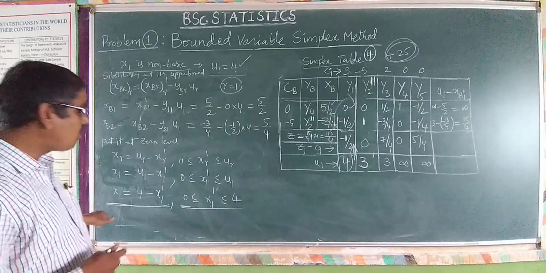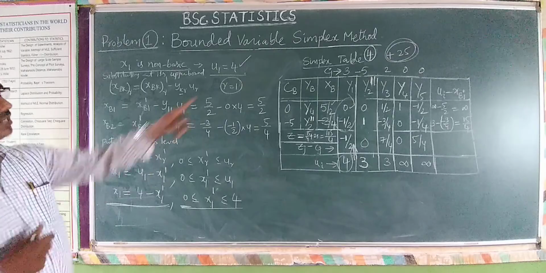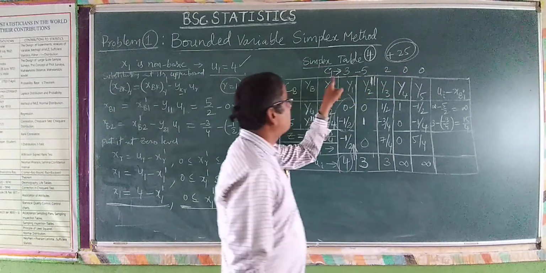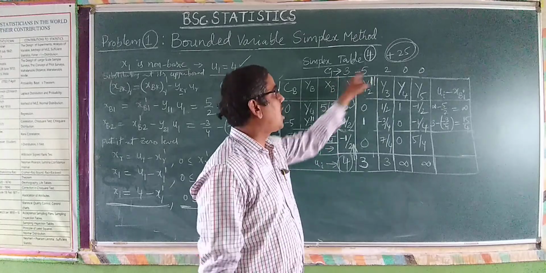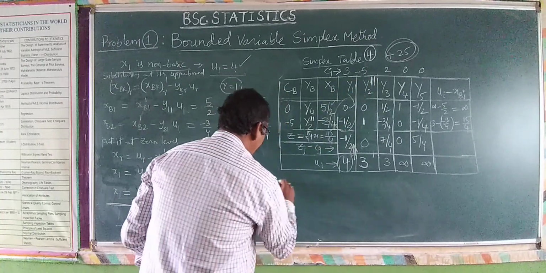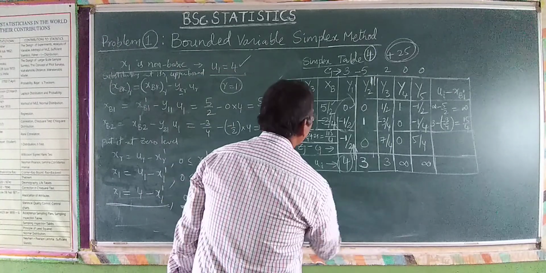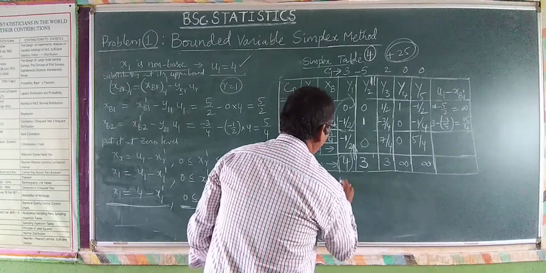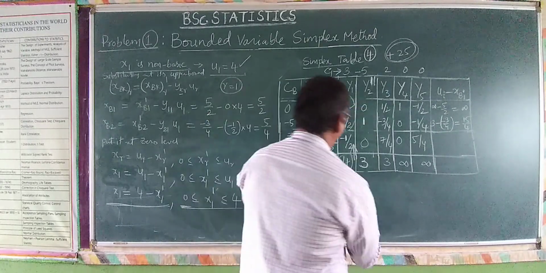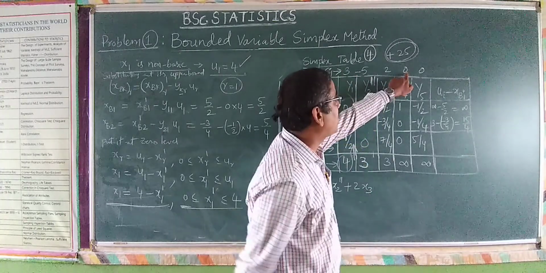Now I calculate the objective function. What is the objective function? That is plus 25 I have written here. The remaining can be observed from these costs. So I am writing the objective function: maximize z is equal to 3x1 minus 5 x2 double dash. Remember, it is y2 double dash, therefore x2 double dash. You can refer to the objective function which I have calculated, plus 2 x3 plus 0 into x4 plus 0 into x5.